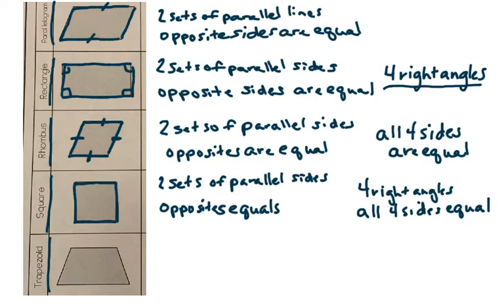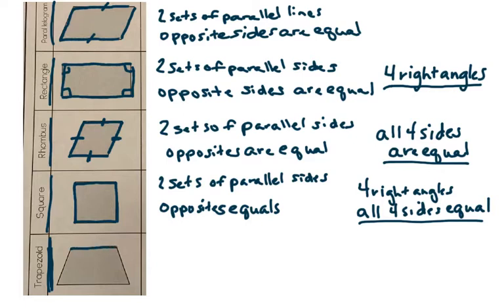I know it might be a little bit confusing at first, but you can always go back to the definition or what makes a rectangle, what makes a square, in order to figure out the hierarchy. So these notes are very important. Now on this next shape called a trapezoid, let's go ahead and first look at two sets of parallel sides. Does it have it? Well, let's check.